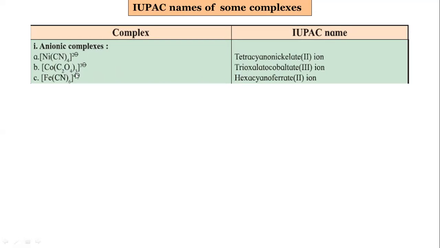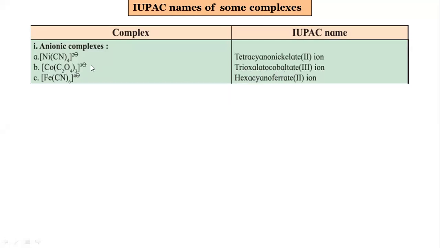Why is it tri? Because 3 oxalato ligands are there. Why is this oxalato? Because this is again an anionic ligand. This ligand is anionic, that's why it ends with ato. Trioxalato. Again, the name of the metal is cobaltate.